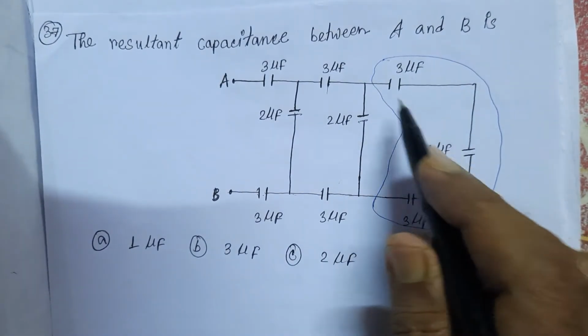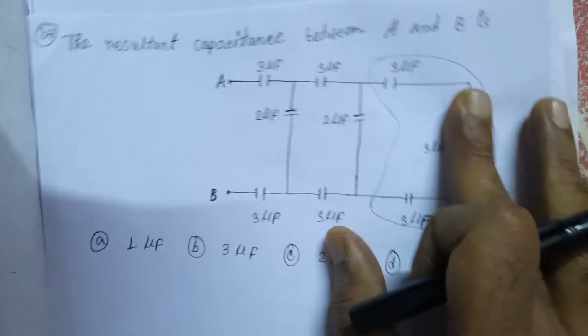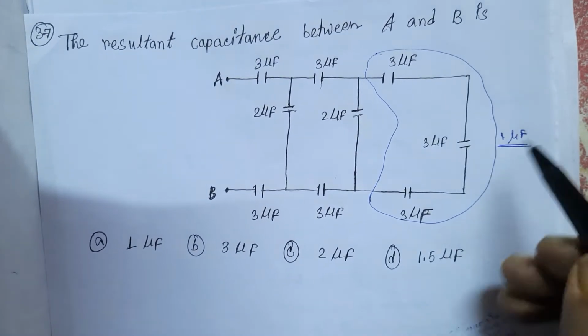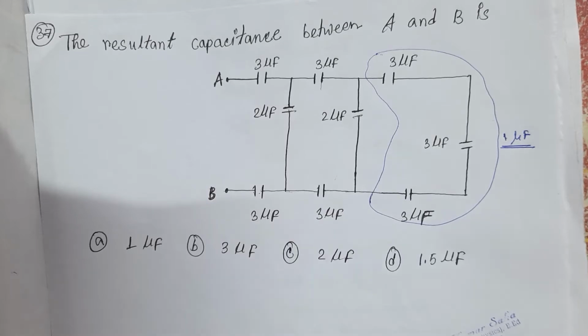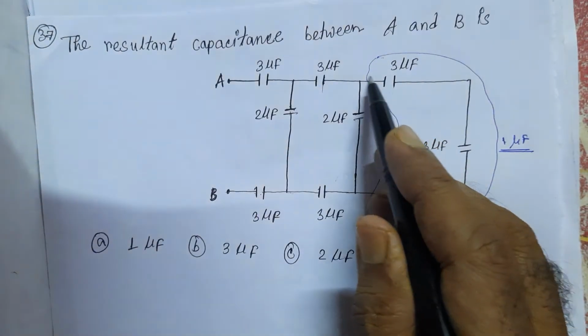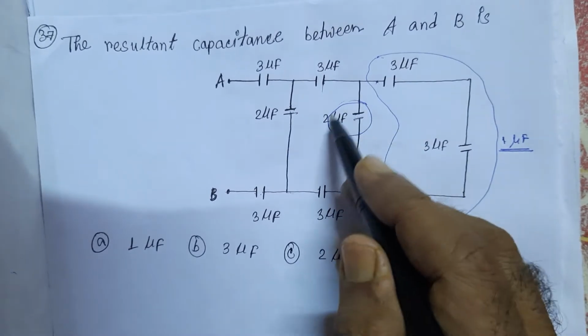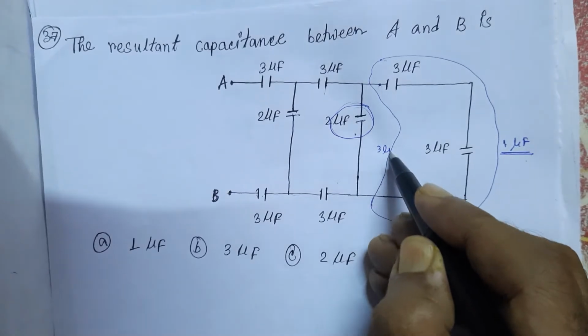So the equivalent capacitance of the combination of the 3 is 1 microfarad. When 3 microfarad capacitors, 3 of them are connected in series, equivalent capacitance is 1 microfarad. So the equivalent 1 microfarad and these 2 microfarad are in parallel. So the combination will give you again 3 microfarad.